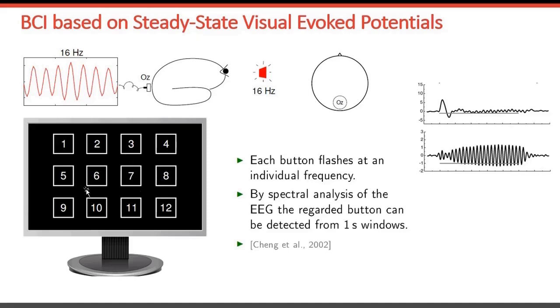And then we can use a classifier to detect different patterns generated by the brain that correlate with the flashing of some stimuli. For instance, if you look at a lamp or stimulus being flashed at 16 Hertz, you can record data from the human brain, this is a simplified picture of the brain, and get some spectral information at that frequency band.